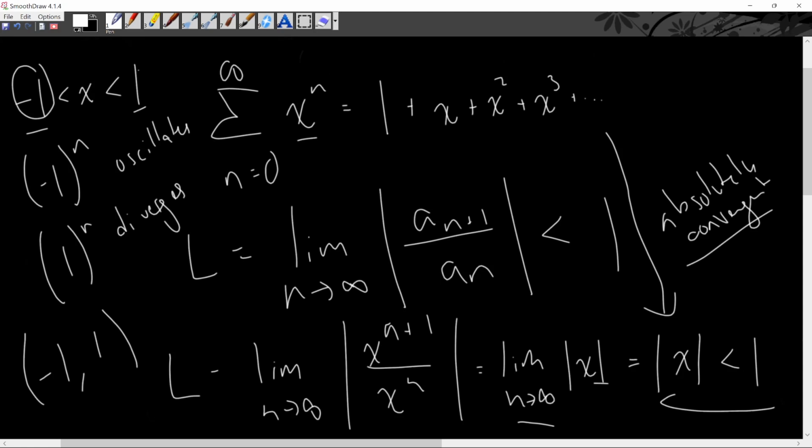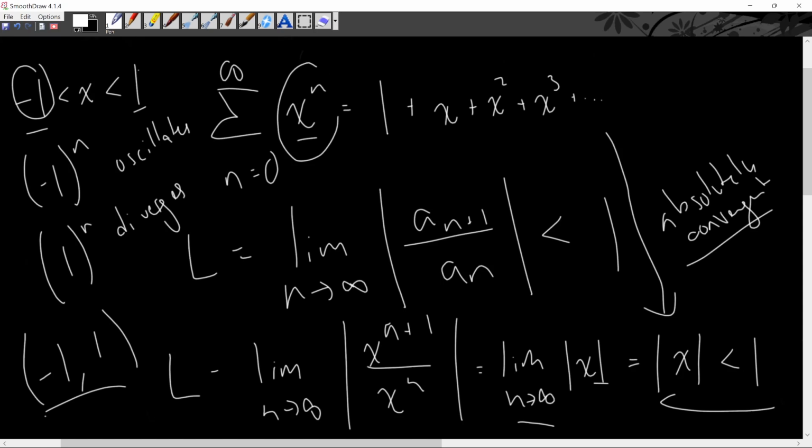If you think about this now, you are saying that on this interval from -1 to 1, this series should converge, right? And that aligns really well with what we already know about geometric series.